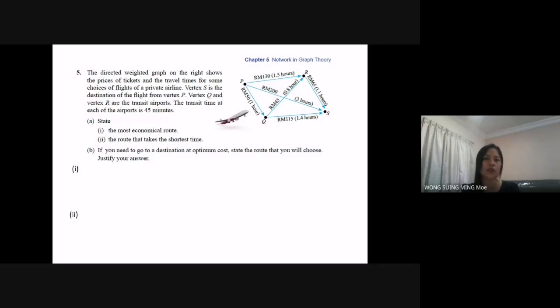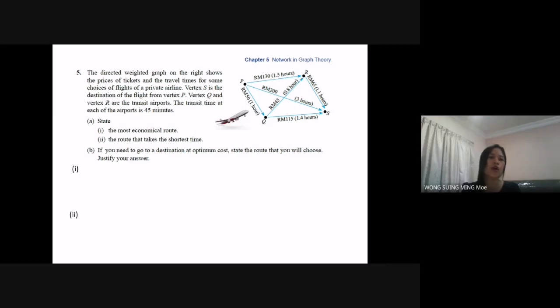The transit time at each of the airports is 45 minutes. Just now we learned directed weighted graph, which means we have the direction. Look at here, P to R, you have the arrow from P going to R. This one we call a directed graph.